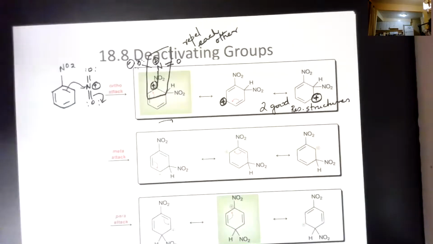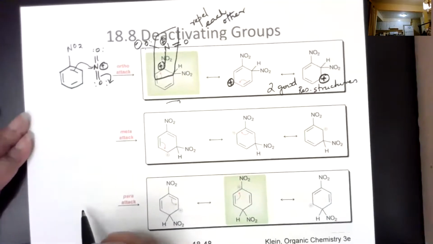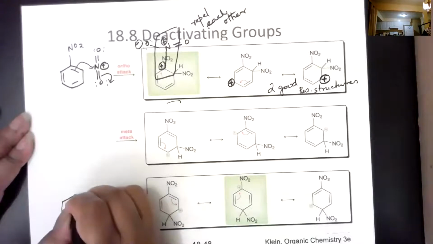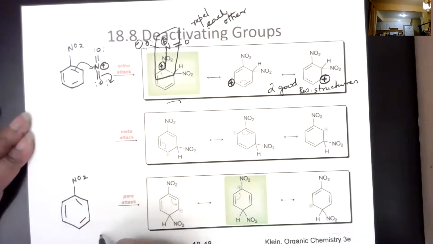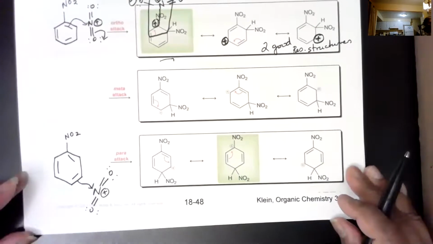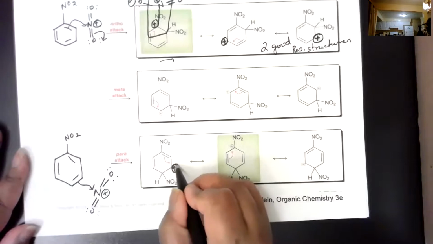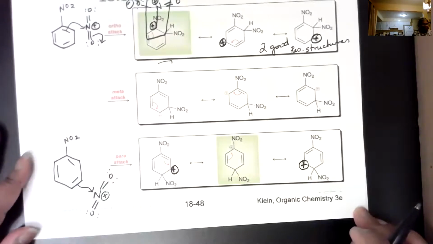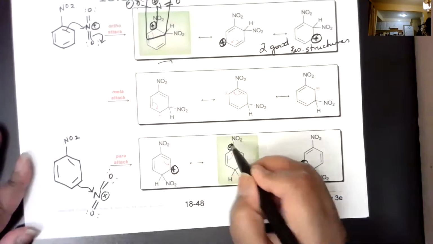Now I'm going to do the same with the para attack. I'm going to show you how that's very similar. This produces a positive charge here, a positive charge there, then a positive charge there.